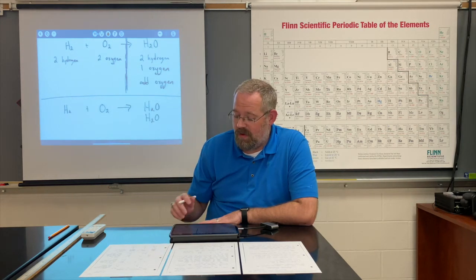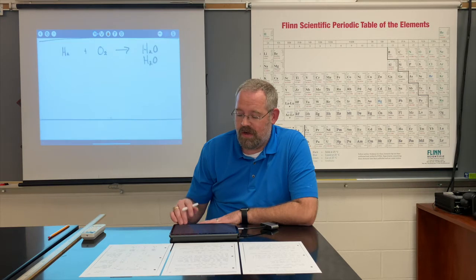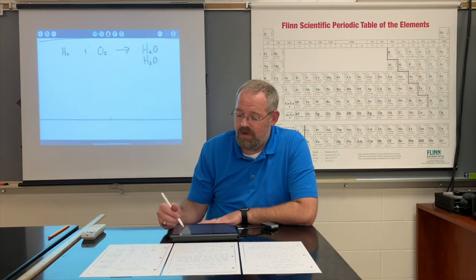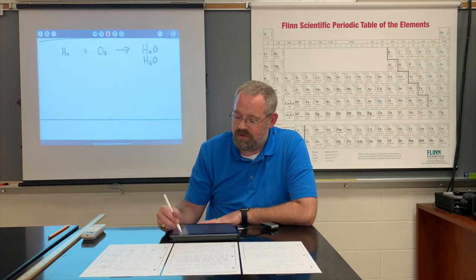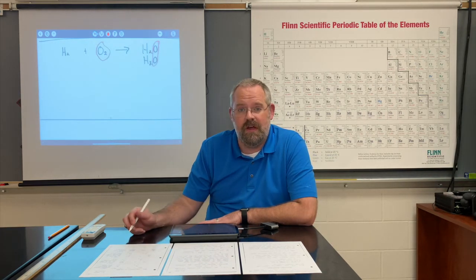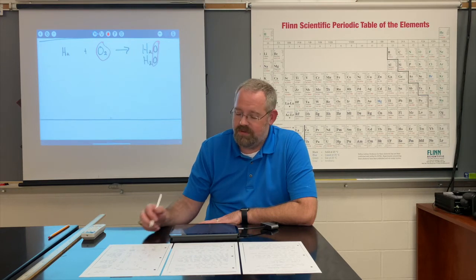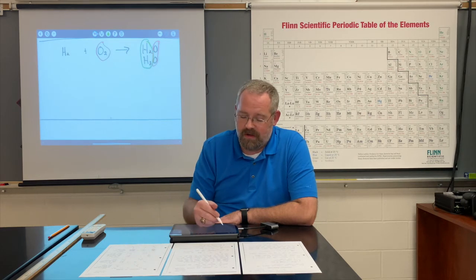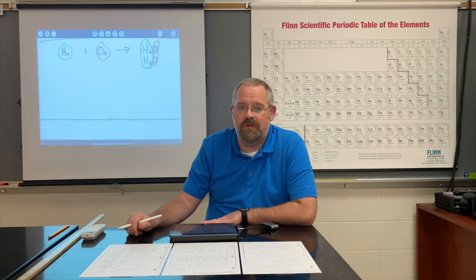And that will change how many oxygens I now have on the right side. So I have 2 oxygens now on the right. I have 2 oxygens on the left, but something changed. Now I have 4 hydrogens on the right and only 2 hydrogens on the left.